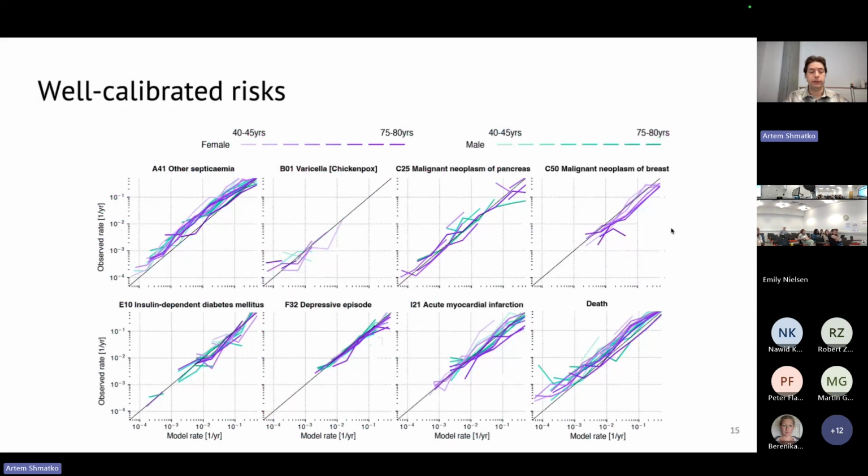Calibration means that when the model predicts that the risk score is low and the chance of getting some disease is, say, 1% per year, it doesn't mean that it is just low, and it's not just some vague relative score.